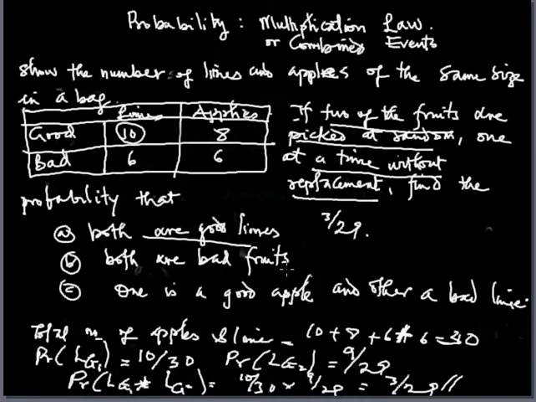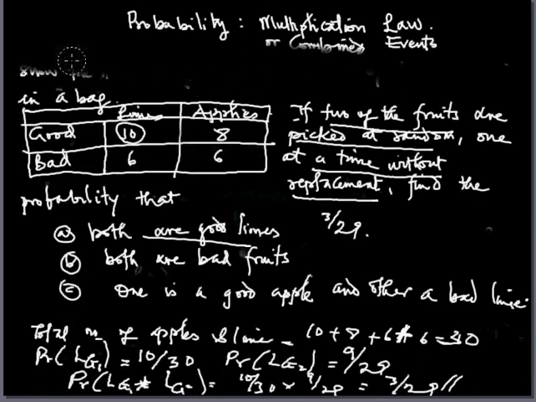Now, both are bad fruits. To find the probability when both are bad, what we need to do first is to understand the question very well. When we are asking for both are bad fruits, that means both the lime and the apple, they are both bad fruits.